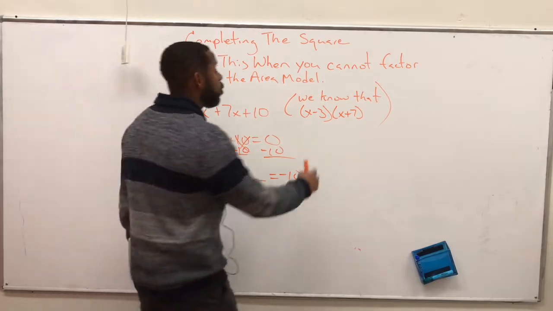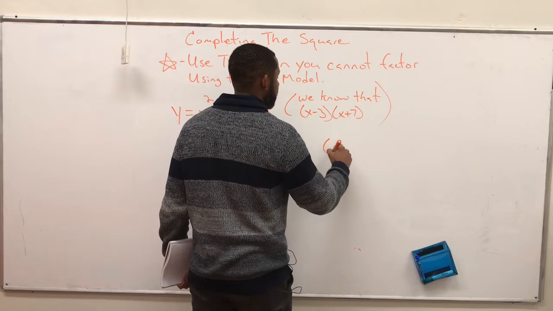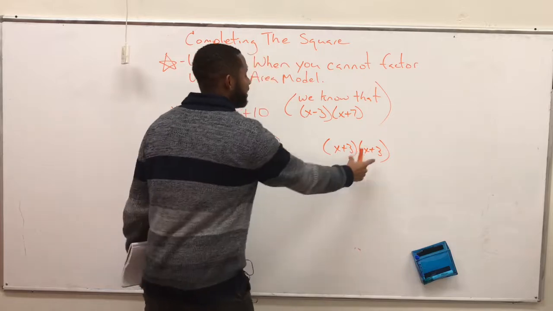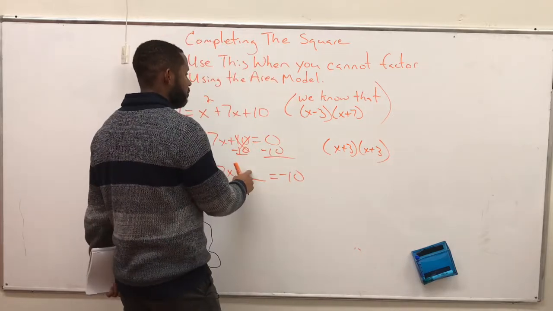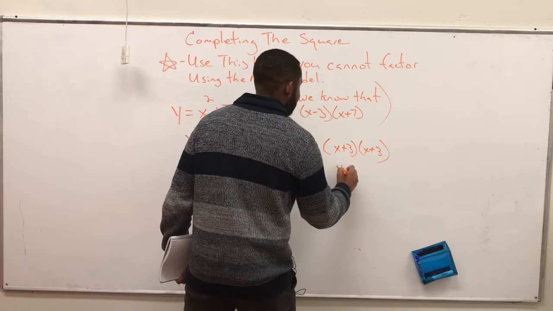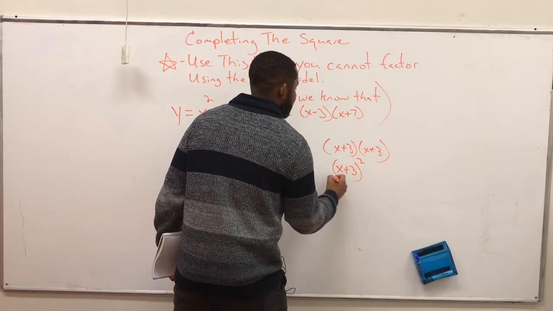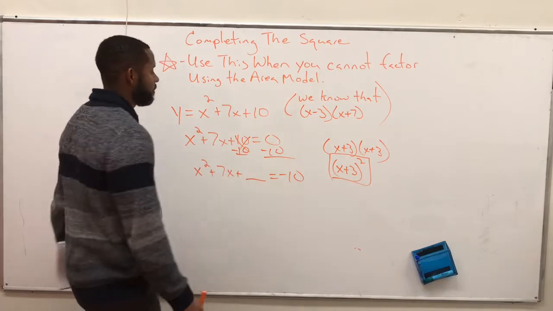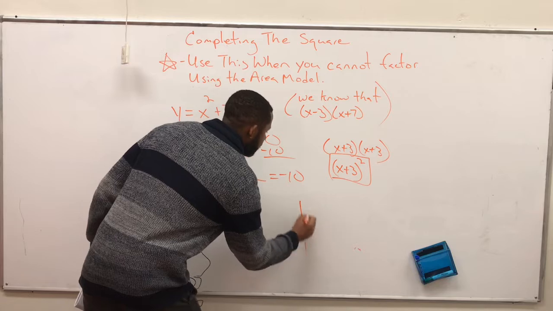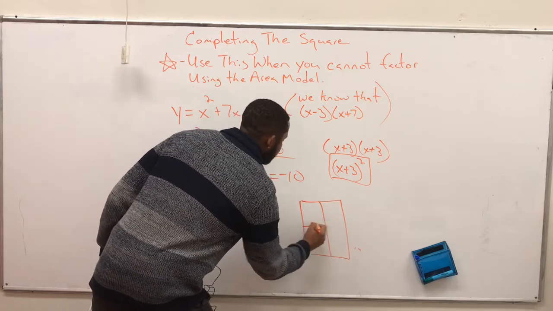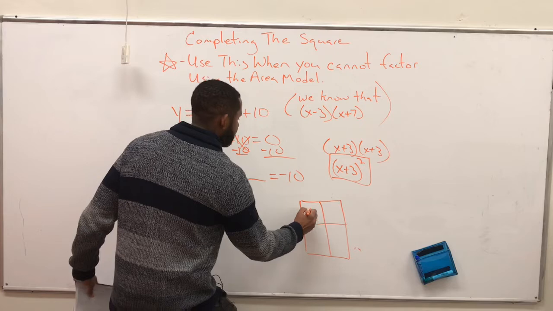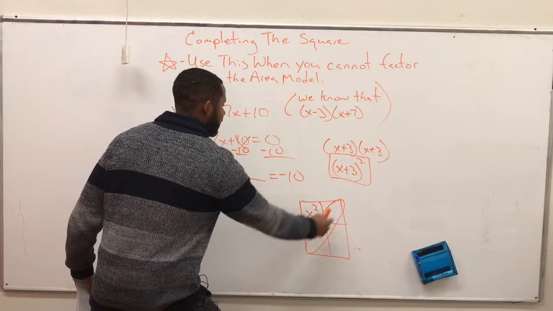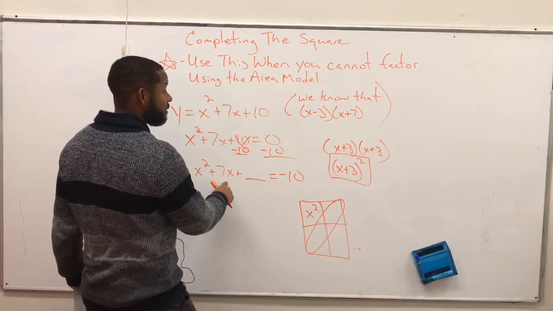Now what we want is to create something where my terms are like x plus 3 times x plus 3. I want the same number multiplied by itself in this factored form, because I would write that as x plus 3 squared. It's important that we get that type of square. So we're going to create what works here. On the area model, I know this box has to be x squared, and I know that this box and this box need to equal 7.